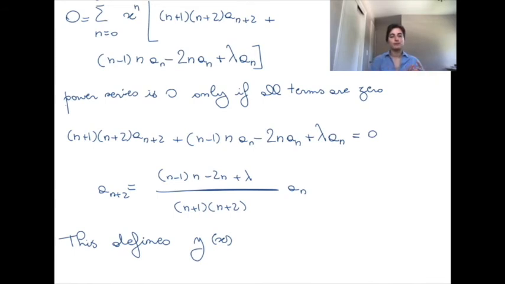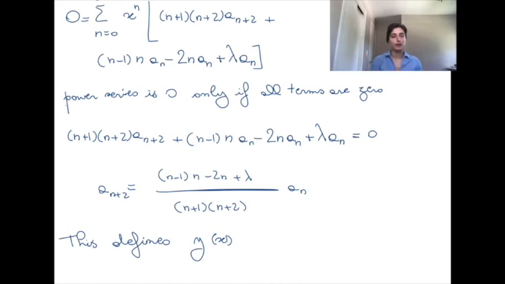So now we have 0 being equal to the infinite sum of x to the n times something that depends on the coefficients. We know that this power series is 0 if every single power is equal to 0. So all the terms between the square brackets need to be equal to 0.